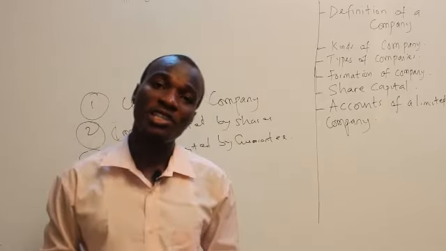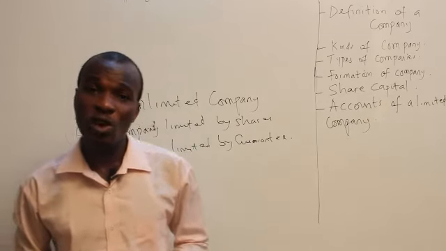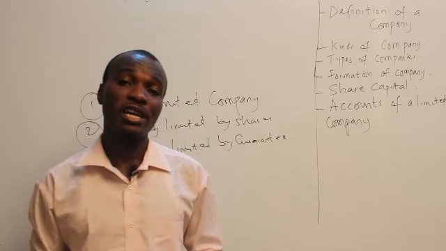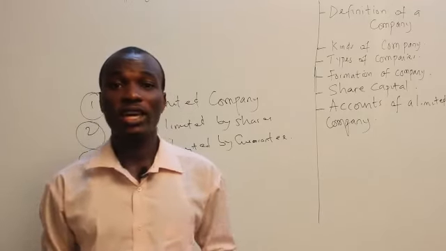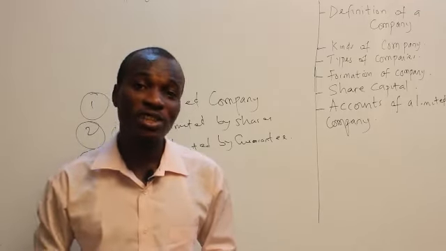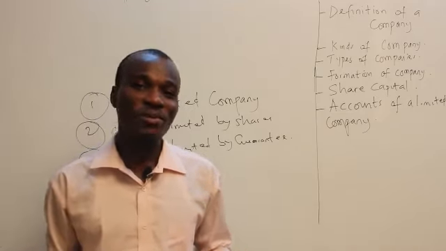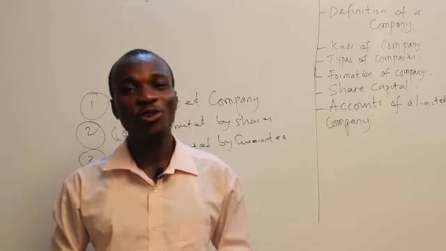So now we also have company limited by shares. In a company limited by shares, the liability of the company is limited by the number of shares owned by its owners. If the company is to be liquidated, what will happen? What the owners will only use in the business is the number of shares they own in the company.